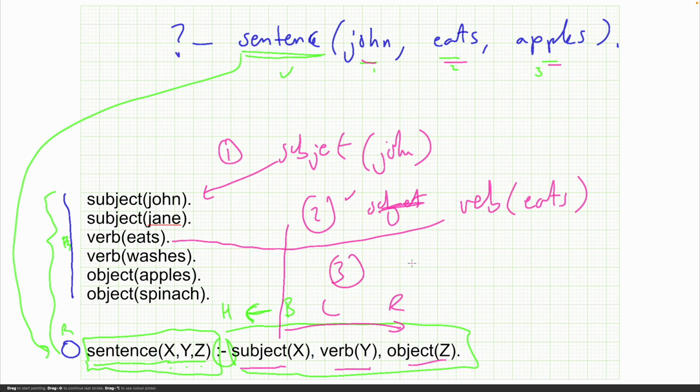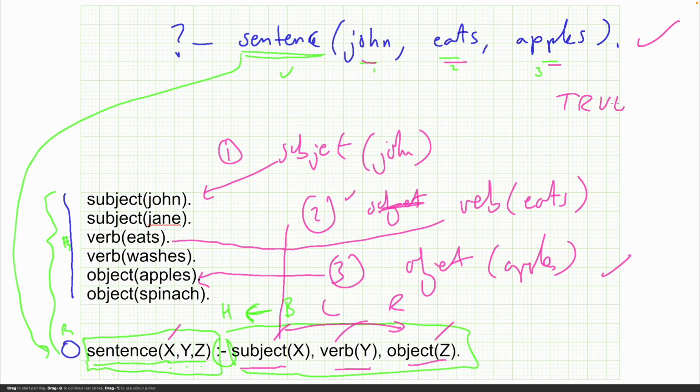And the third goal is object apples, and that matches that one there, so that's true. So all of these are proven to be true, therefore sentence John eats apples is true, and that's why Prolog can say that's true. If these things were not, if these goals couldn't be proven, then the sentence is not well formed.